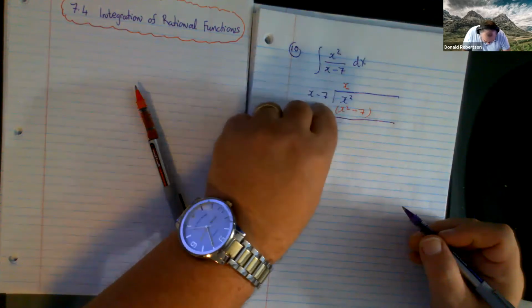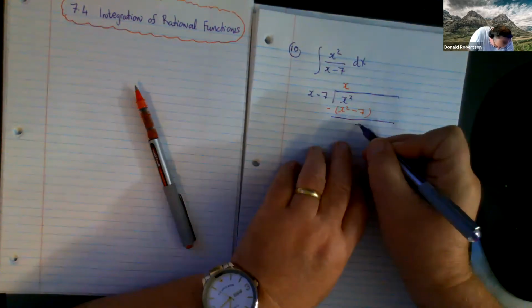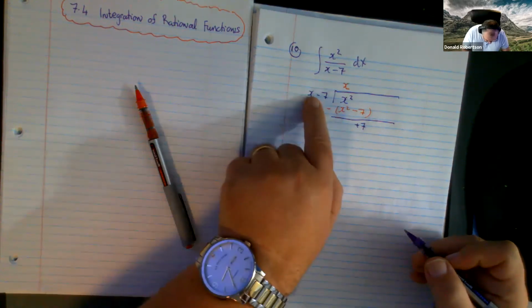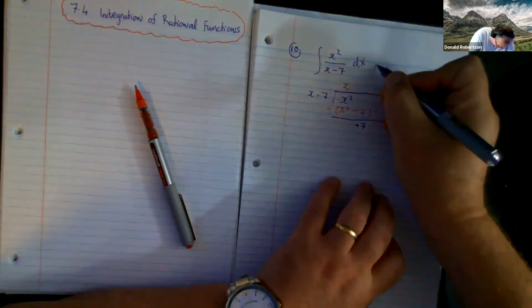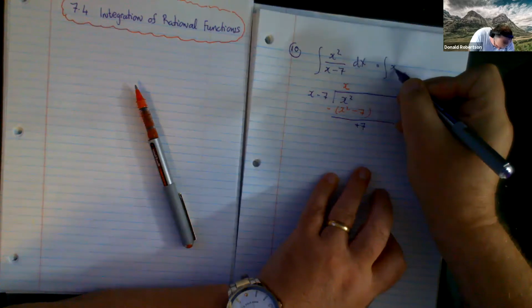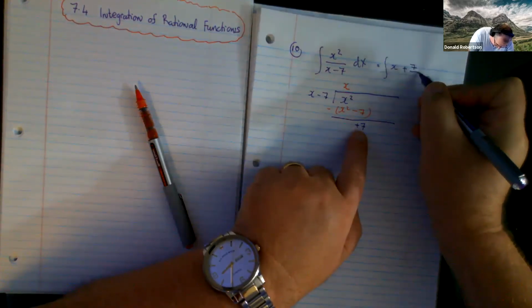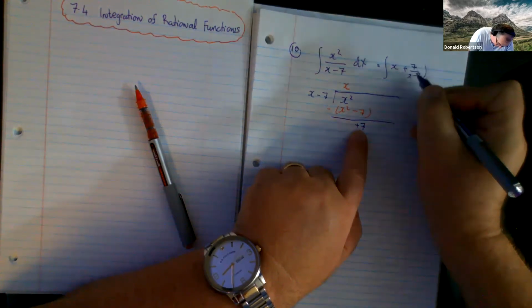Nothing, take away negative 7, gets you plus 7. When that term is a smaller power than the divisor, you're finished. So as far as the long division goes, it's x plus a remainder of 7 over x minus 7 dx.